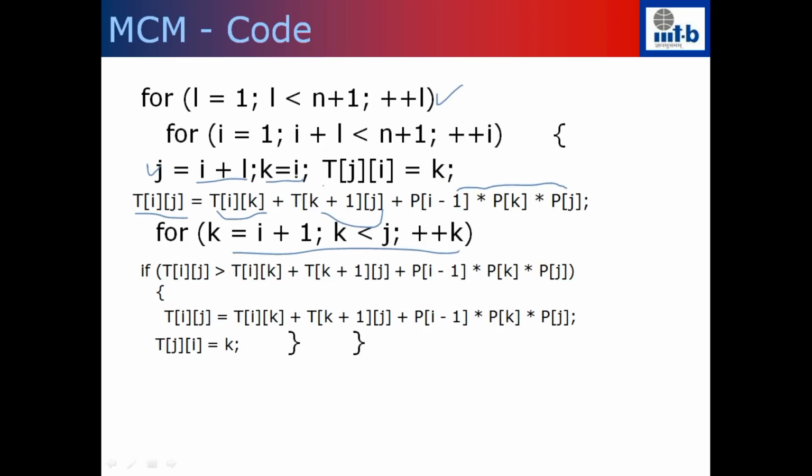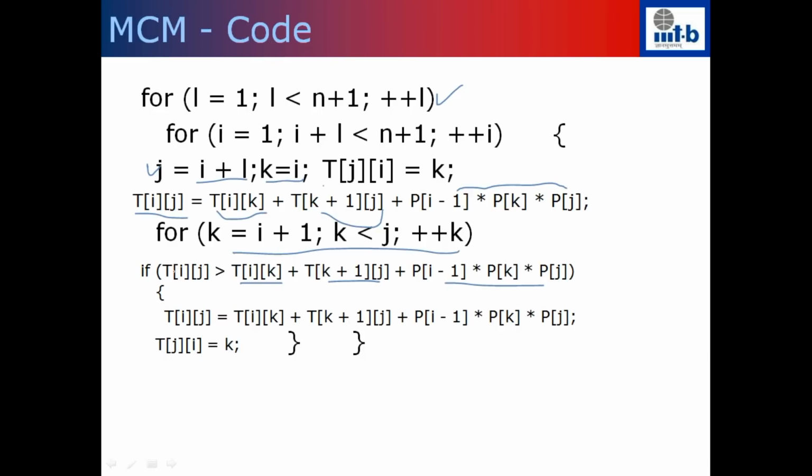Then we go inside the loop, where k goes from i plus 1 to j. If this is the choice of k, this is where we are breaking, then this will be the number of multiplications to multiply i to k, k plus 1 to j, and this is the cost to multiply these two final matrices.